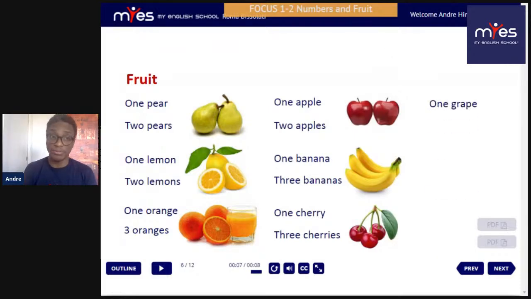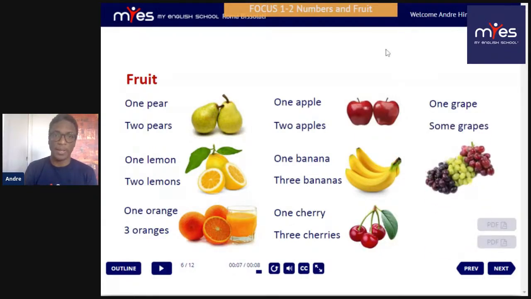Oh, we've got more. More fruit. So 1 grape. There is 1 grape. But in this case, we use some. Some to mean a small amount or a small number of objects or fruit. So in this case, some grapes, because we cannot count grapes, right?